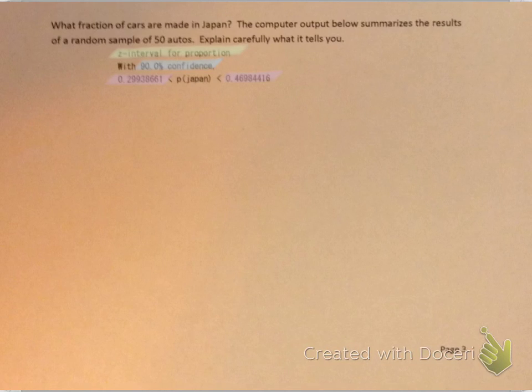So I would say, based on this sample, we are, whoever did this study, 90% confident that the true proportion of, the context is Japanese cars, or cars made in Japan, is between, and then we take these two little guys at the bottom and we write them in percents. So is between 29.93% and 46.98%.